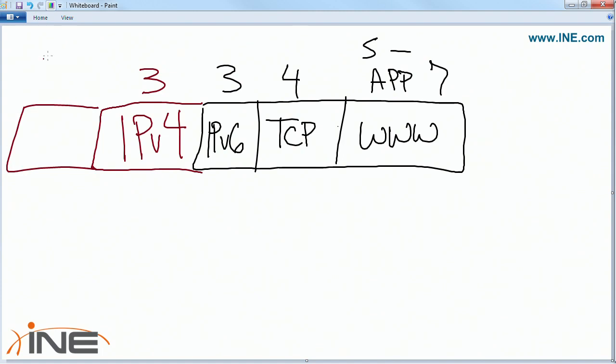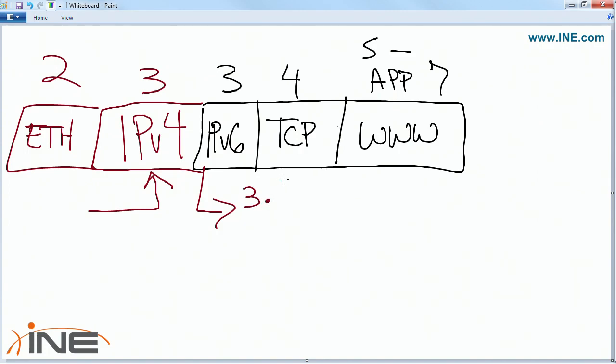Then I'll put my normal layer 2 encapsulation on it, like an Ethernet frame. Then when it's sent over the network, the routers in the middle are going to be looking at this and not at this. So I'm essentially hiding from them what's going on inside of the layer 3, which in this case is kind of like layer 3.5, because it's going between what your normal IP packet is and the upper layer protocols.